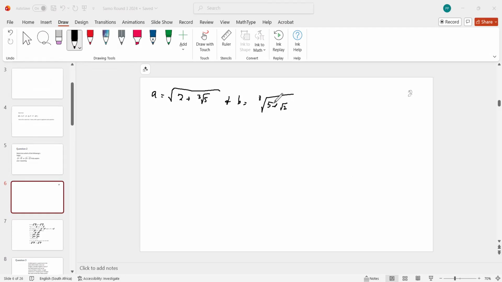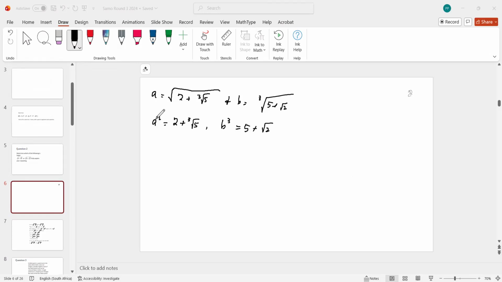It's much easier to work with symbols than to work with, you know, awkward numbers like this. Okay, now we can get rid of the outside square root by squaring on both sides. And here you can get rid of the outside cube root by cubing on both sides.